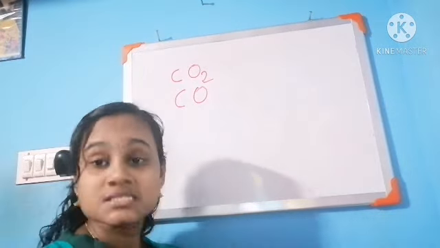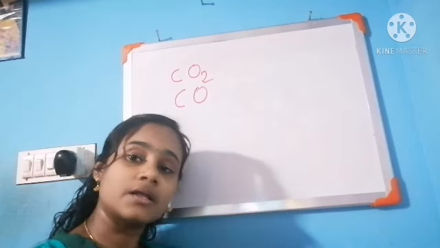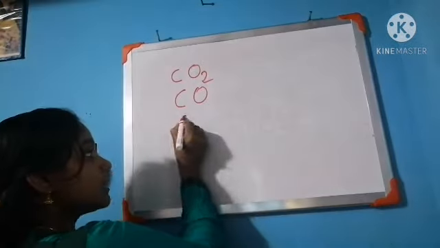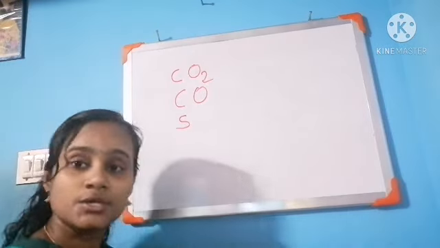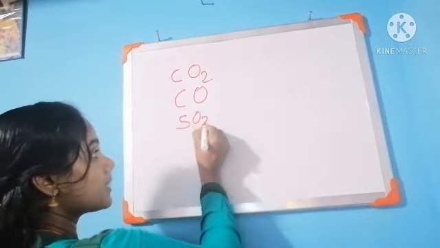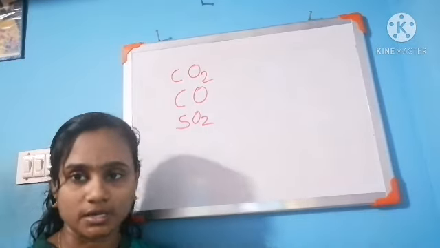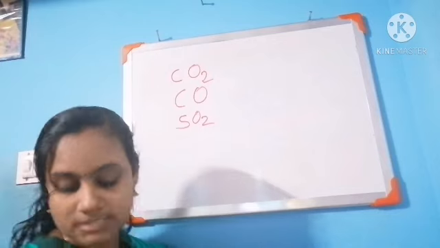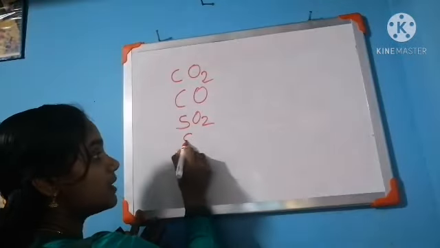Next example, sulfur dioxide. Sulfur. Dioxide: how many oxygens? 2 oxygens. From that word you will get how to write the molecular formula. Then sulfur trioxide. How can we write sulfur trioxide? Sulfur.